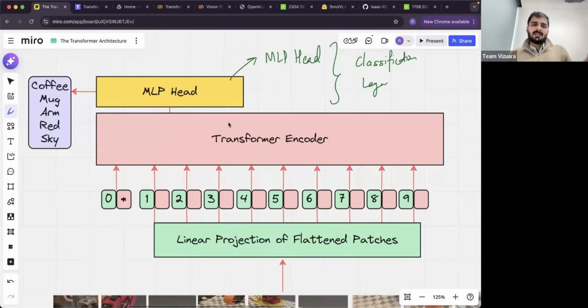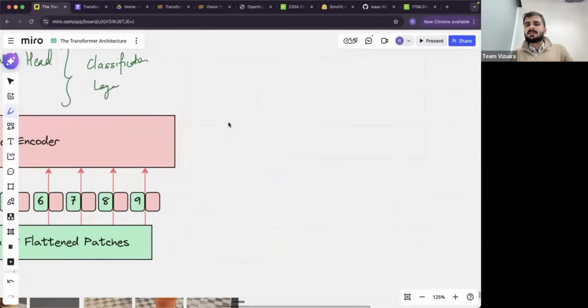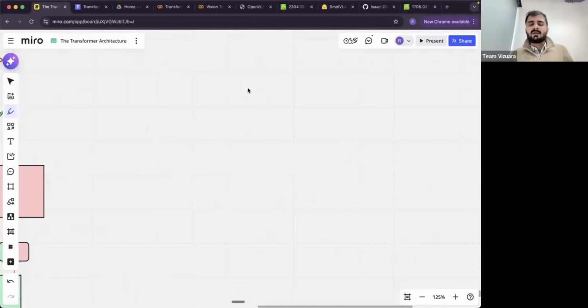So wherever you see a CLS token, you immediately know that there is some sort of embedding being done here. Or if you want to capture the semantic information of an image into a single vector, then the CLS token is the best option to do that.